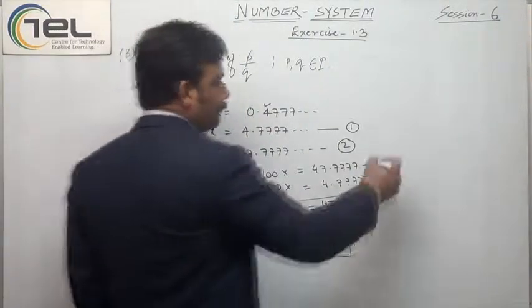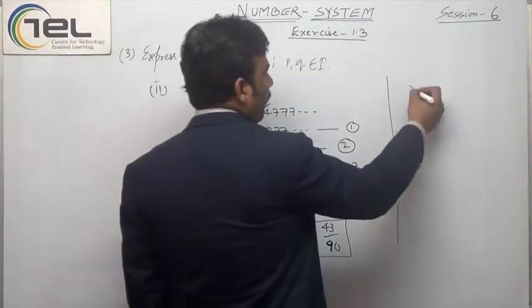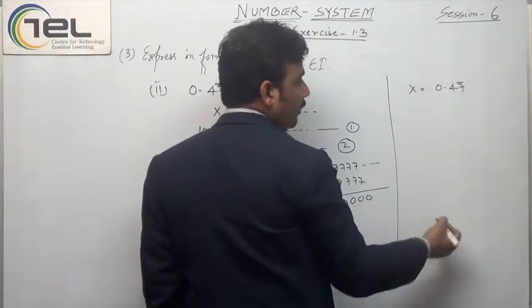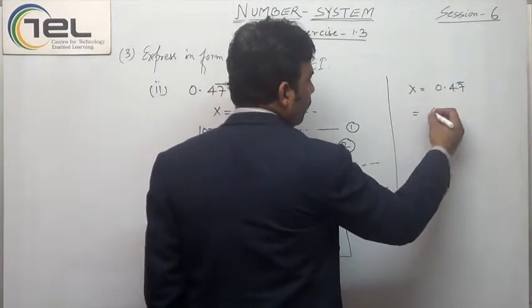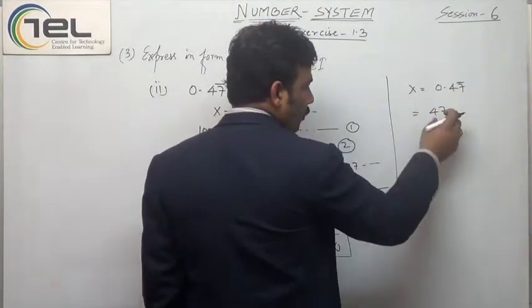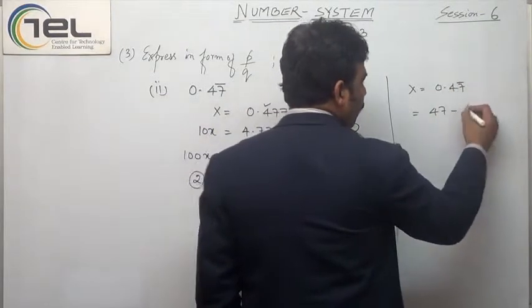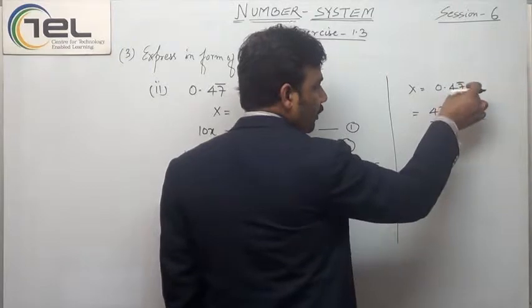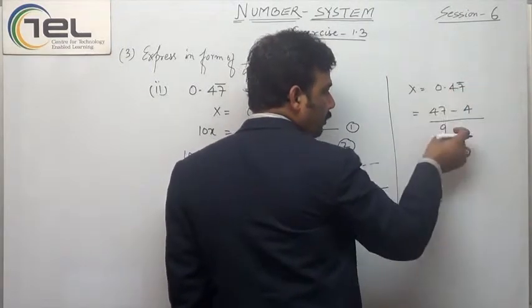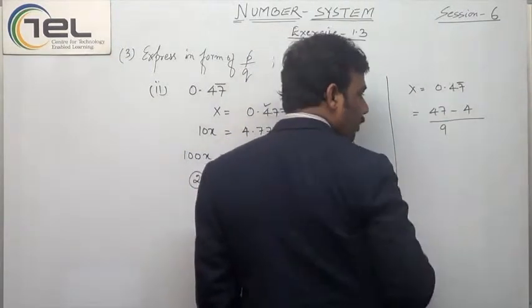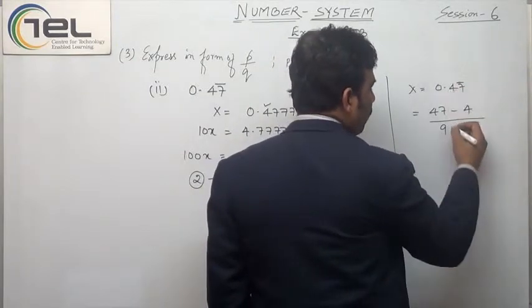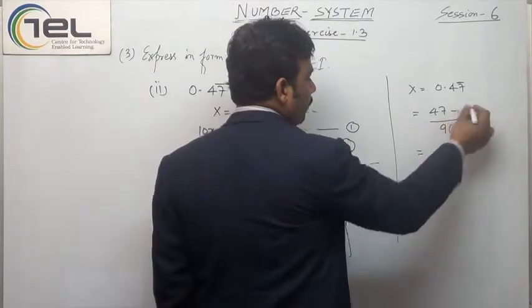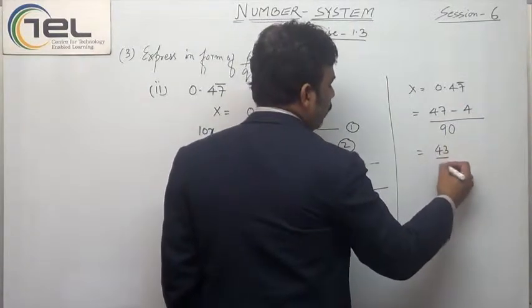With the shortcut, if x equals 0.47 and 7 is repeated, directly I can write 47, both the terms, minus the non-repeated term, over 9 as many times as the number of repeated terms. Since only one term is repeated, I will put 9, and one non-repeated, so I will put 0, so it can be written as 47 minus 4 over 90, which is 43/90.